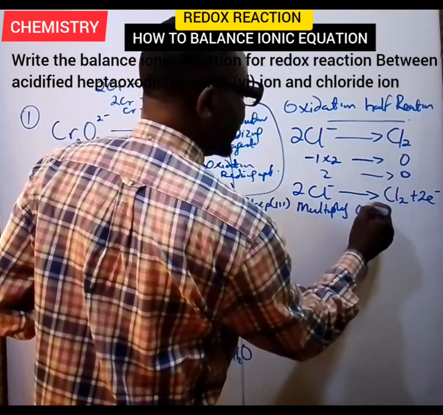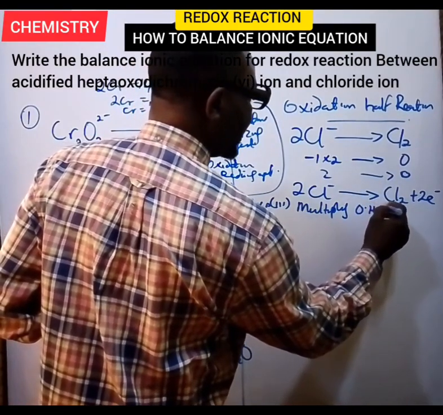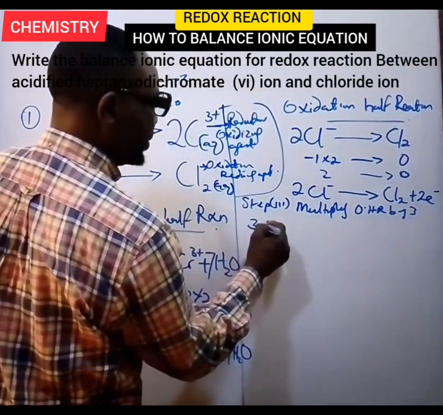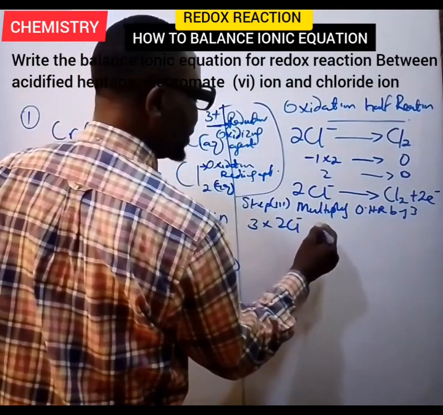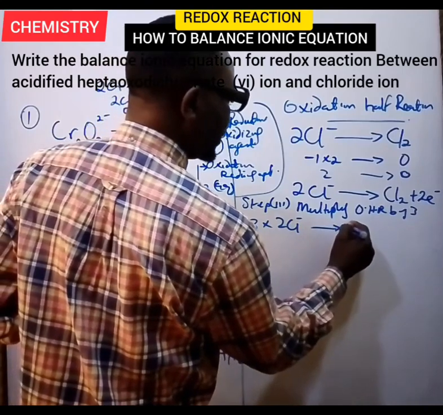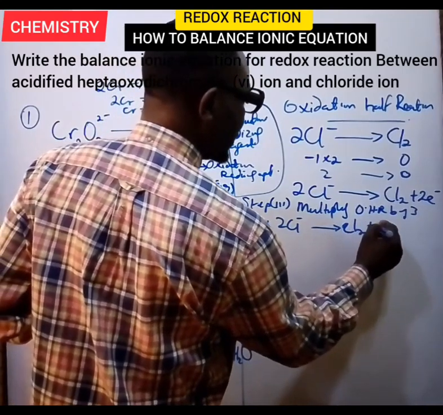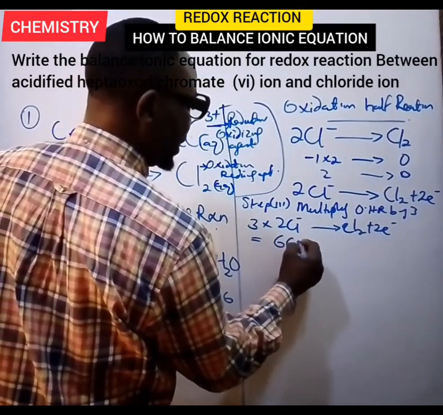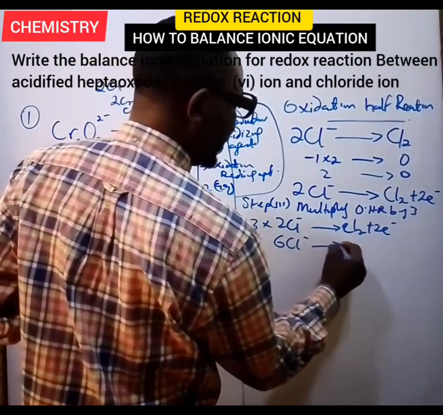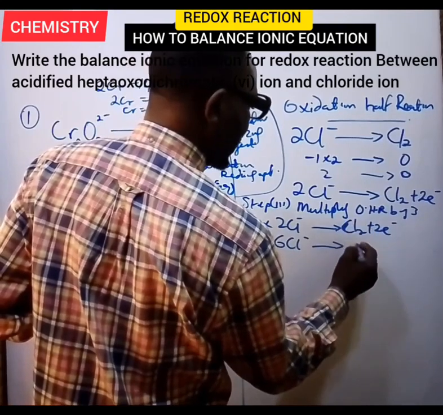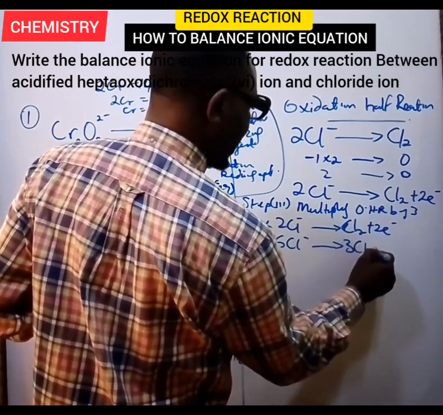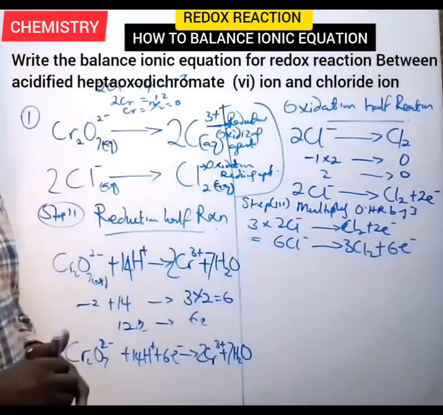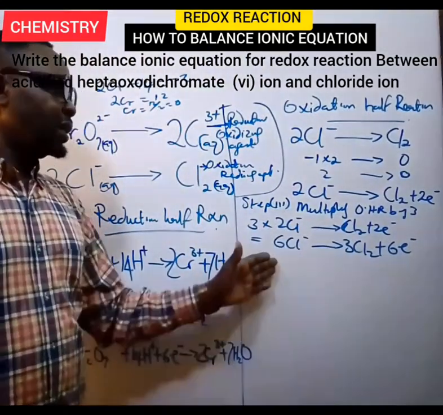So we multiply the oxidation reaction by 3. We are going to have 3 multiplied by 2Cl minus, giving Cl2 plus 2 electrons, which is equal to 6Cl minus giving us 3Cl2 plus 6 electrons. Now, that one has balanced properly.